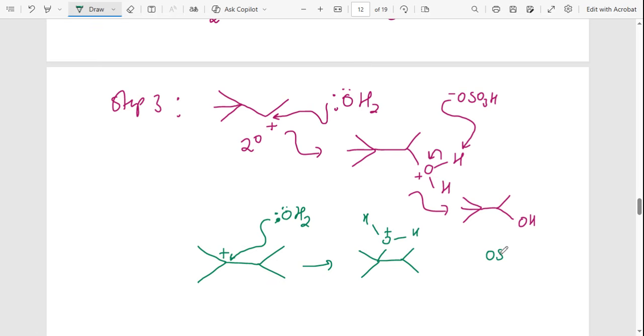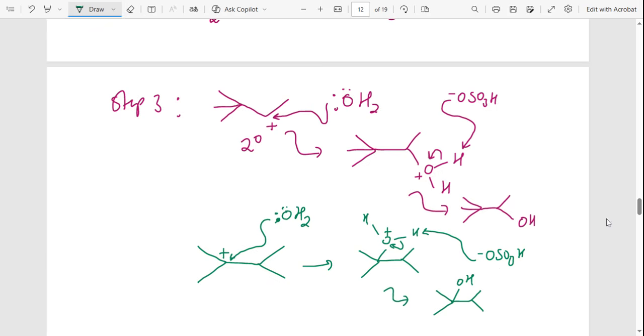Again, the same OSO3H is going to come in, grab the hydrogen, thereby breaking this bond, and this is going to form this product like this, where now you have got OH attached.